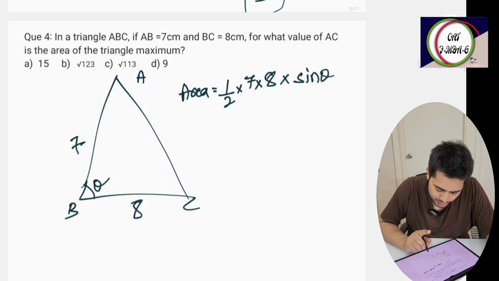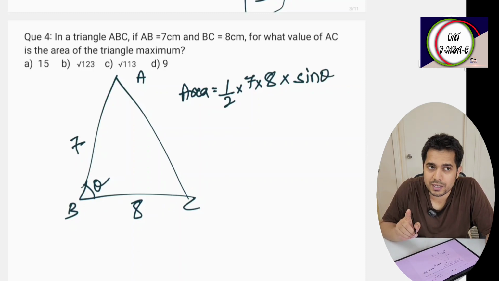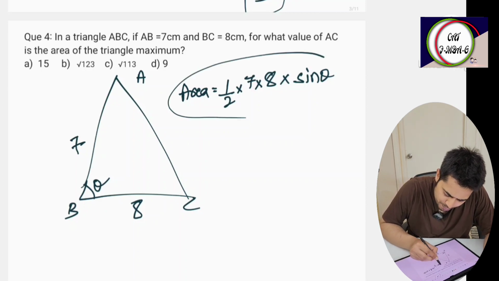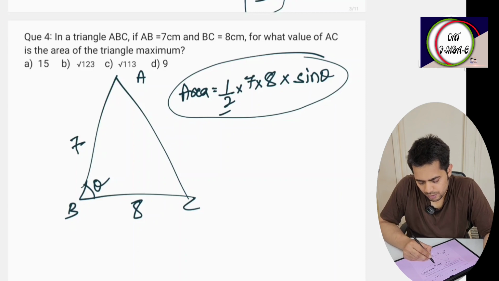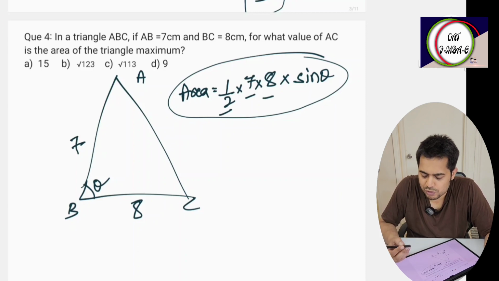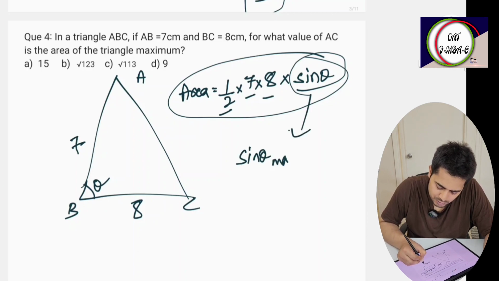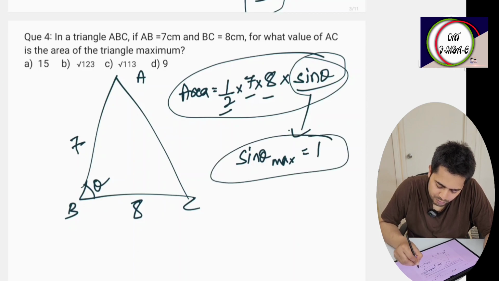Half into AB into BC into sine theta. Half is constant, 7 is constant, 8 is constant. Sine theta has to be maximum. Sine theta maximum value is 1 when theta is equal to 90 degrees.